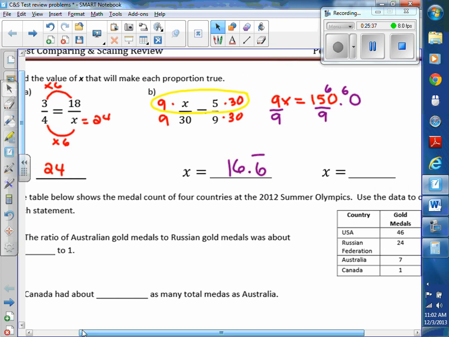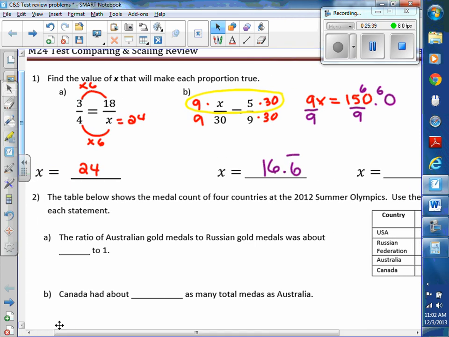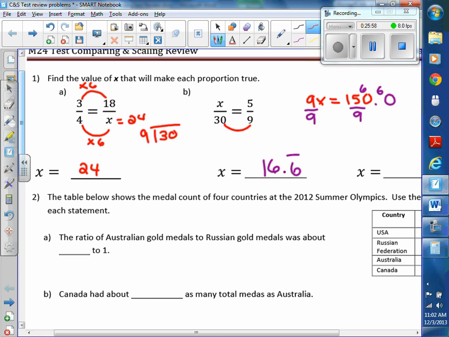So that's one way. The other way is just to figure out how many times 9 goes into 30 and multiply that same number by 5. So 30 divided by 9 is 3, right? And you get 27. And you're going to have that repeating decimal again, aren't you?